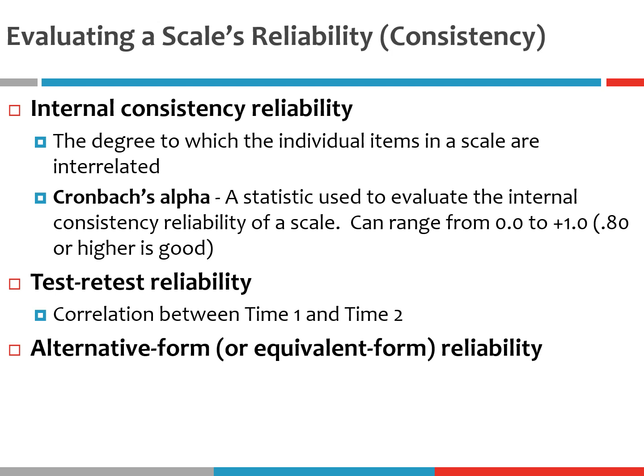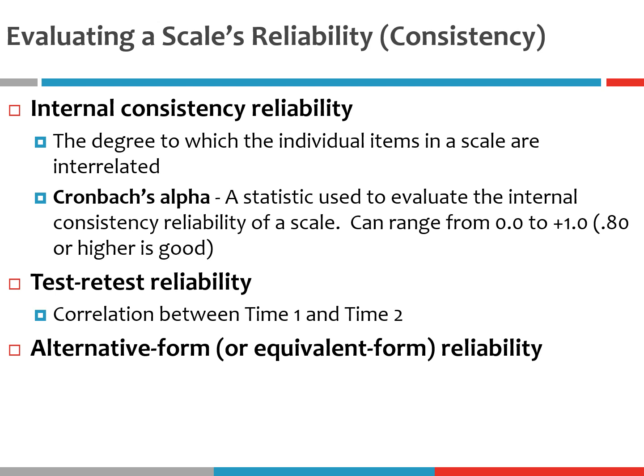You can also use alternative form or equivalent form reliability. This is useful if you're going to give an exam and you want to have 2 copies of the exam, form A and form B, because you're afraid people are going to cheat on the exam. So you give one row of students form A, you give the other row of students form B, and the questions are somewhat different. And the goal is, look, you don't want them to cheat, so you give them different tests.